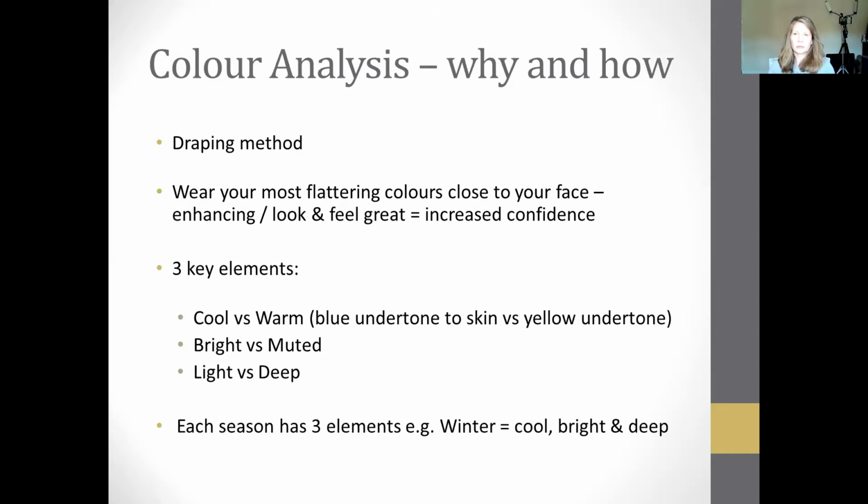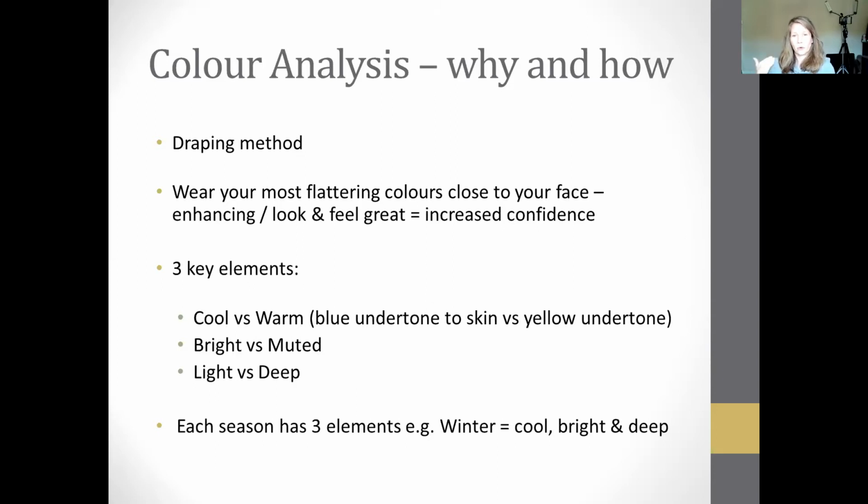The next element, so if you think of it on a spectrum, is bright versus muted. So at one end of the spectrum, you'll have characteristics that are very bright. And if you're at the other end of the spectrum, you'll have characteristics that are very muted. So muted means that the colours of your characteristics are very close together.